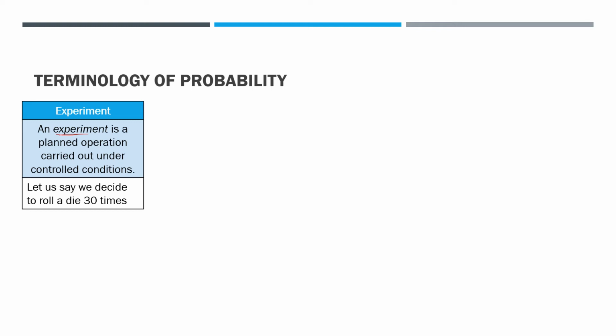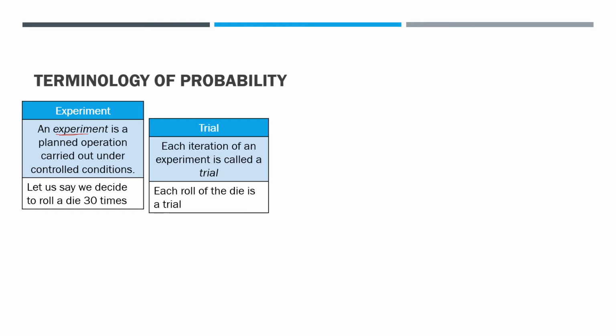We decided to roll a die 30 times. That's our experiment. We'll just roll it 30 times, one after the other, and record the observations. That's a simple experiment. We'll cover more examples later. Now, in an experiment, each iteration of an experiment is called a trial.